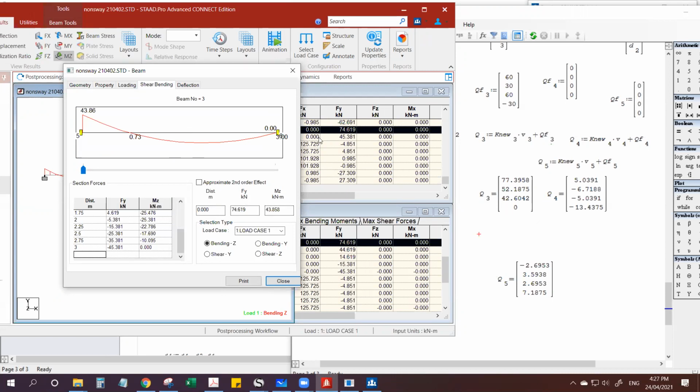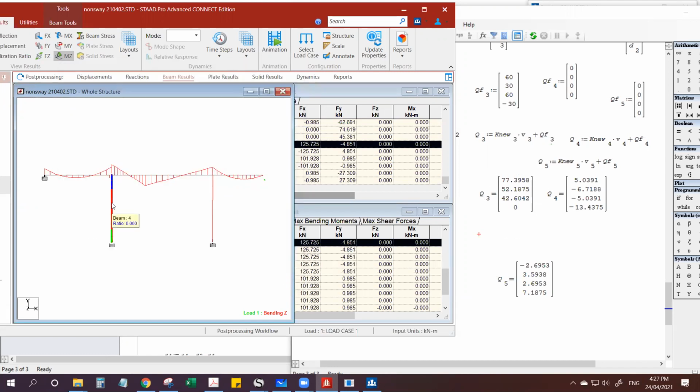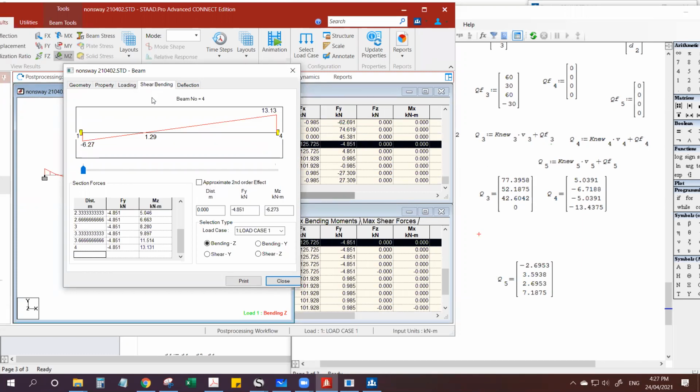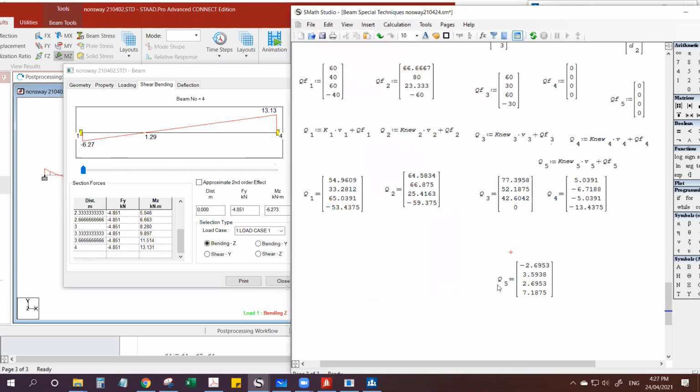Then for member 3, 43. And the shear 74, which I have 77, 52. And then 45, the vertical reaction, 42. I obtained 42. For the columns, shear bending, 6, 13, 6 and 13. I have Q4 bending, 6 and 13.